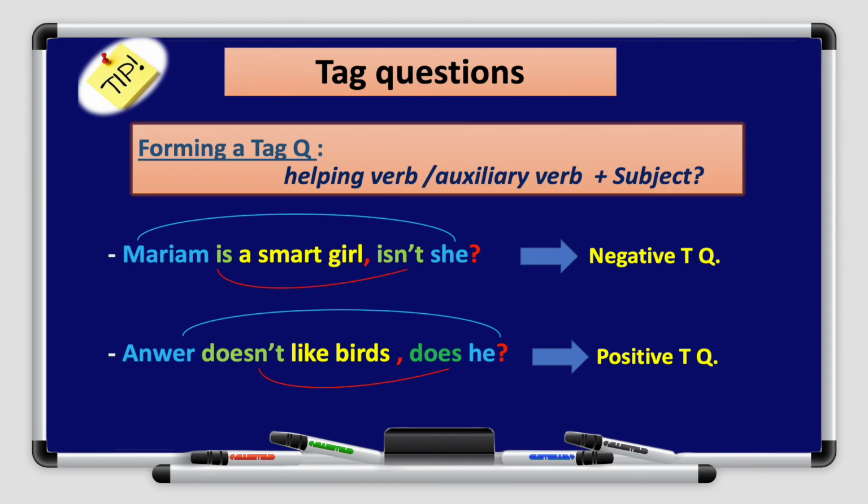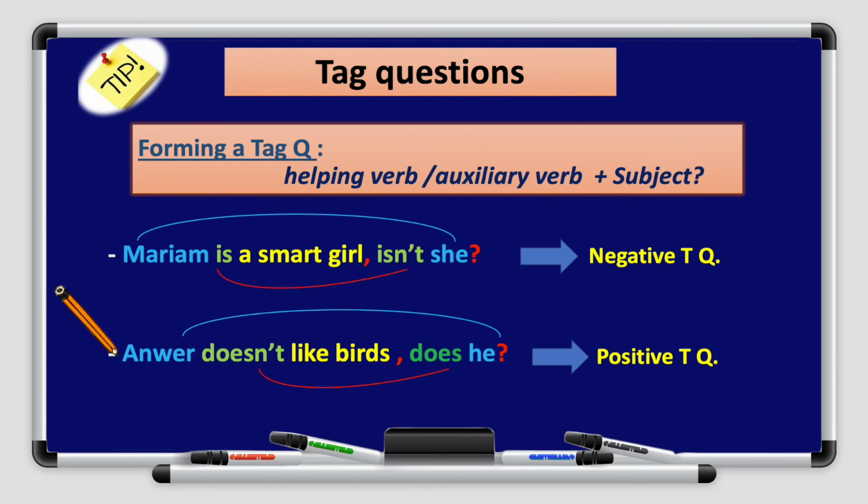When it comes to forming a tag question, we need to put the helping verb or auxiliary verb plus the subject. Read with me these examples. Maryam is a smart girl, isn't she? Here I took the helping verb and converted it to negative, then it should be followed by the subject.